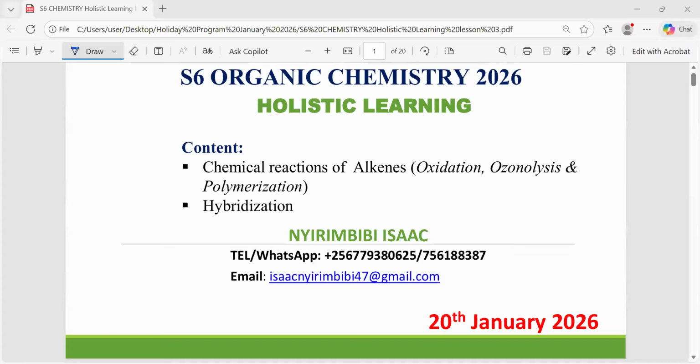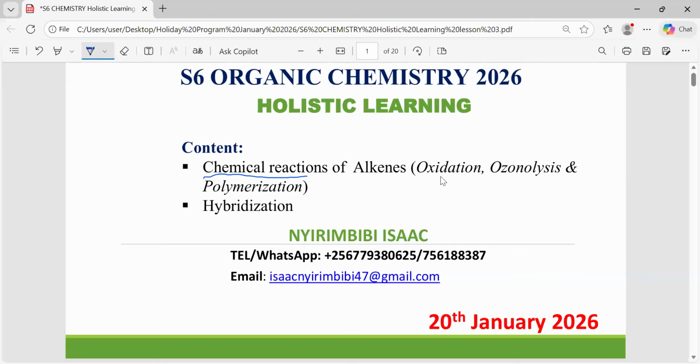As I had told us, today we want to continue from where we stopped last time. This is our third lesson of the Senior 6 series that we've had in 2026. Last time we looked at chemical reactions of alkenes. We remained with three: oxidation using potassium permanganate, ozonolysis, and polymerization.